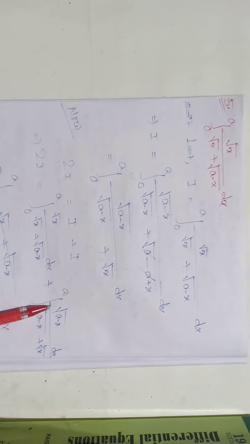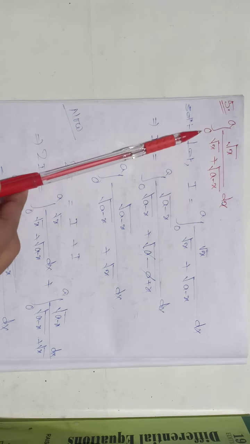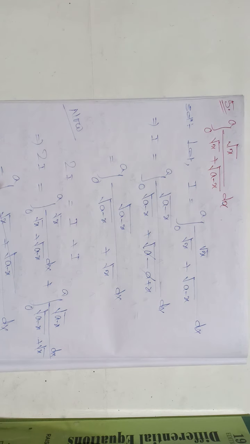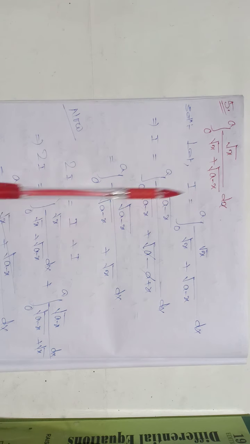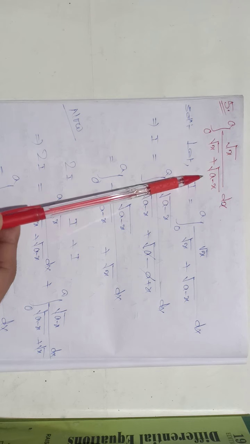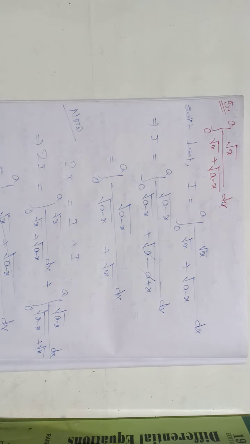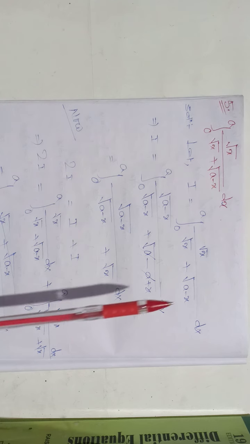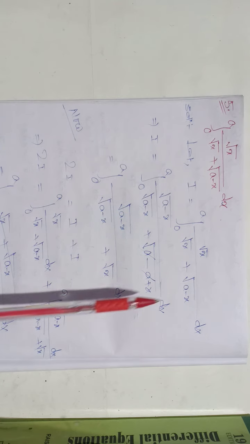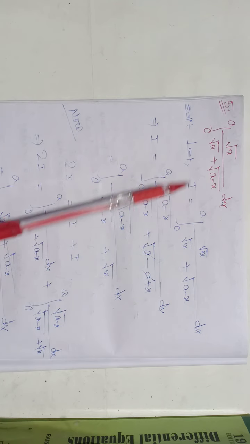Next question, students, you can see the integration from 0 to a of root x by root x plus root of (a minus x). Using the property that the integral from 0 to a of f(x) dx equals the integral from 0 to a of f(a minus x) dx, we can write I equal to the given question.